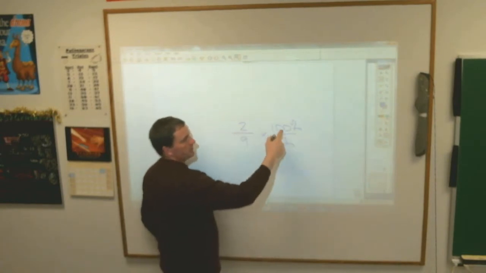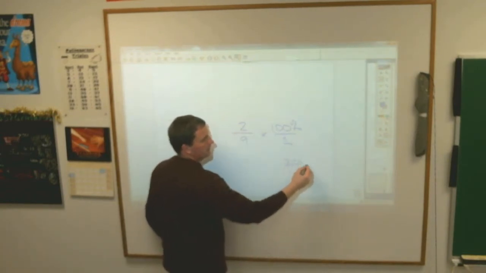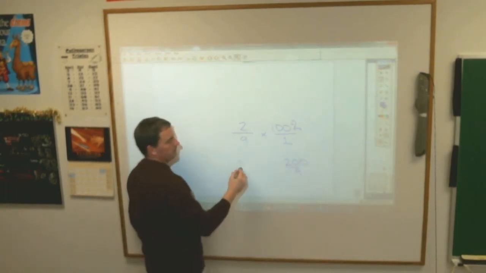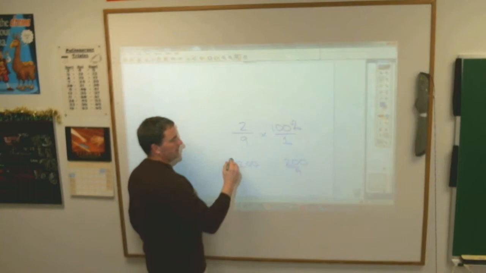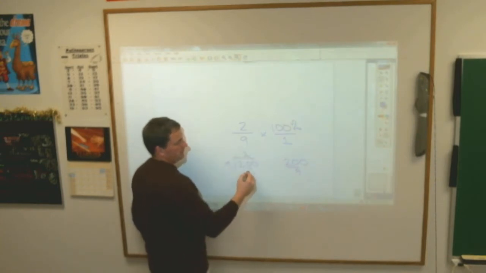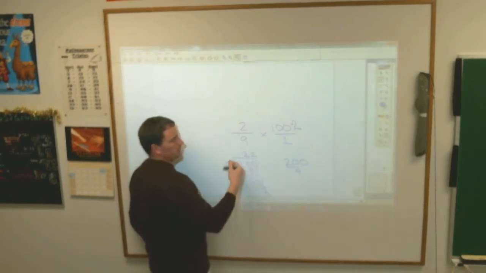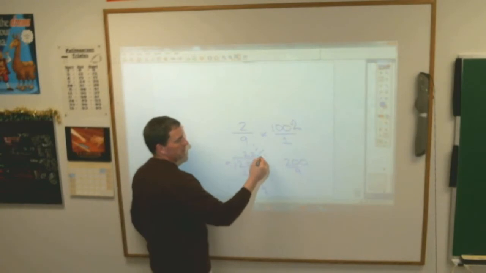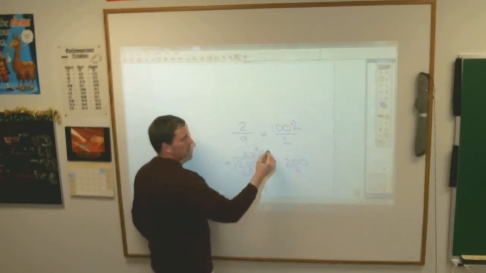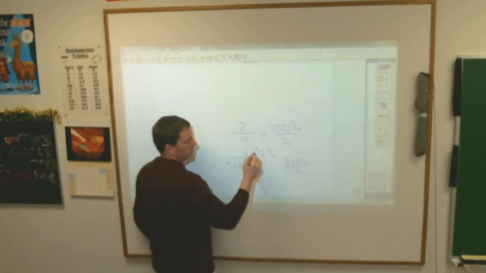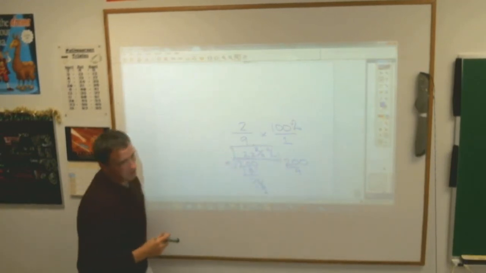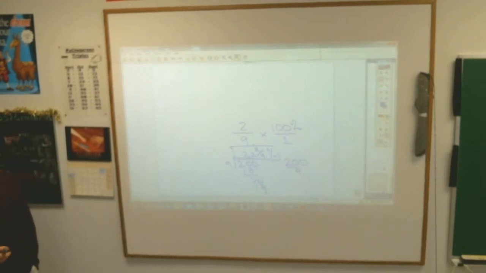And you get 2 times 100% is 200, and I'm going to divide that by 9. 200 divided by 9 is 22, and you get a remainder of 2, but I don't leave it as a remainder, I make a fraction. 22 and 2/9%. Can you get that?